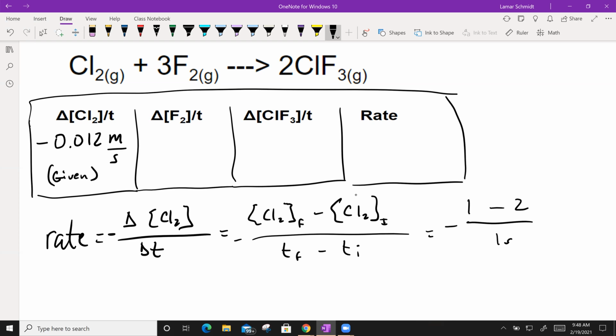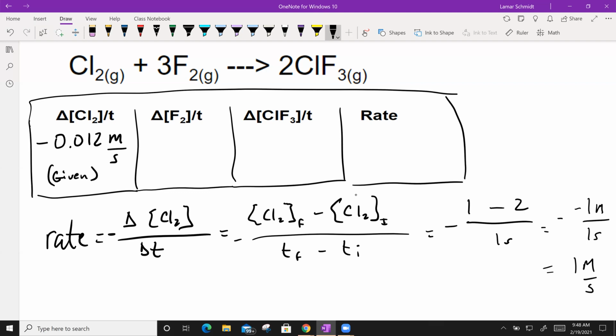What we would end up with is negative 1 molar per 1 second. And so our rate would actually be equal to, see how the negatives cancel? 1 molar per second. And that's because you can't have a negative rate. And so having that negative sign in your expression helps make sure that the rate is positive.